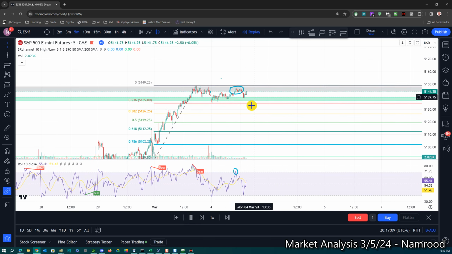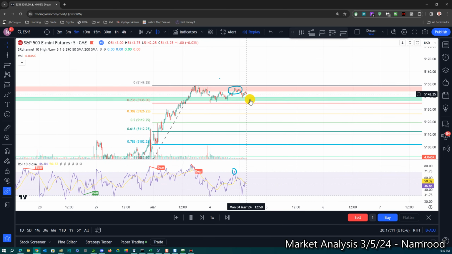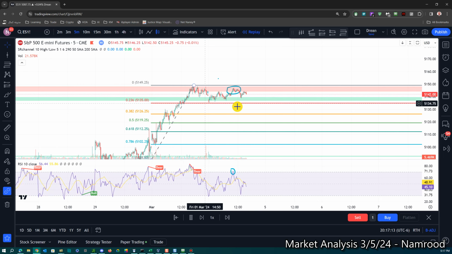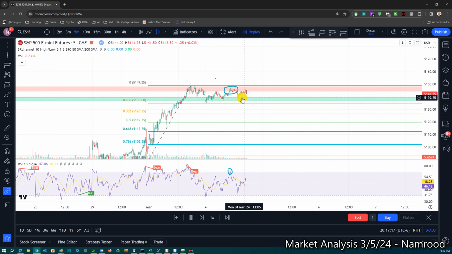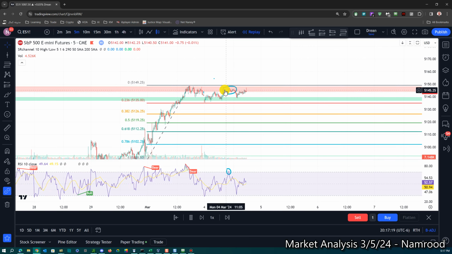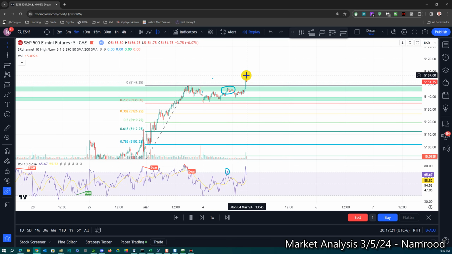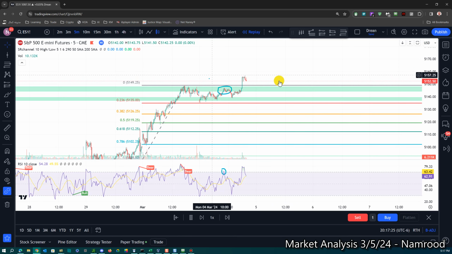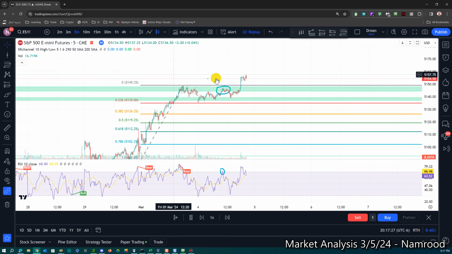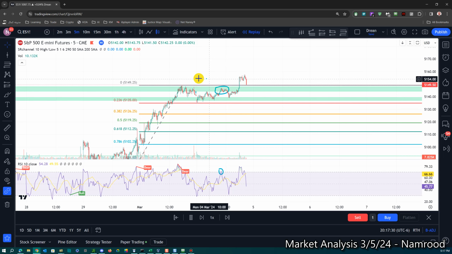And again, this support stood, and we got this again rejection, but then a breakout will happen soon. That level, we don't know whether this is actually a resistance or support, because this is all-time high.